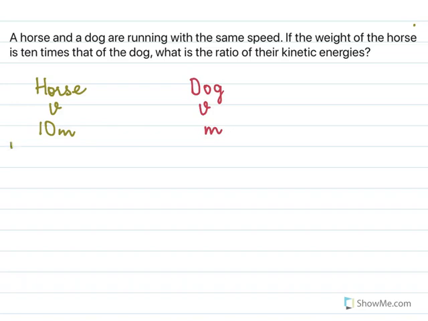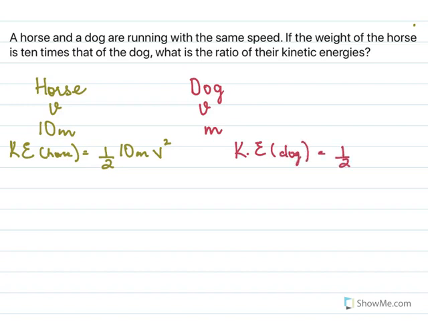Kinetic energy is half mv square. So kinetic energy of the horse is half m. Now in this case m, I cannot write m, it's 10m, right? v square. And that of the dog is half mv square.